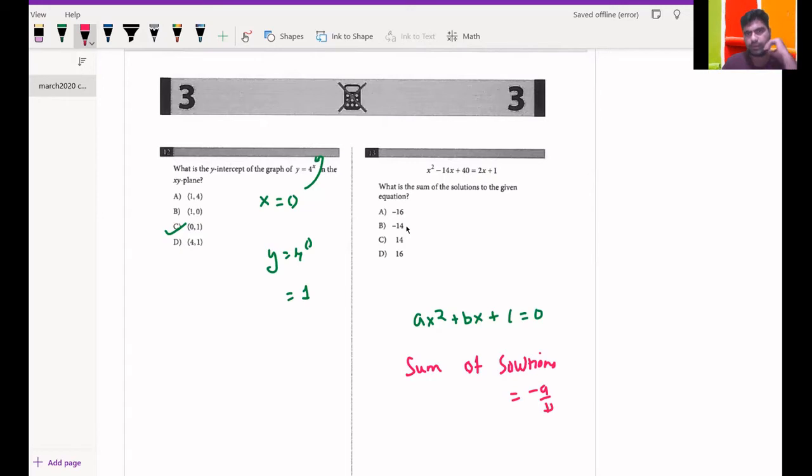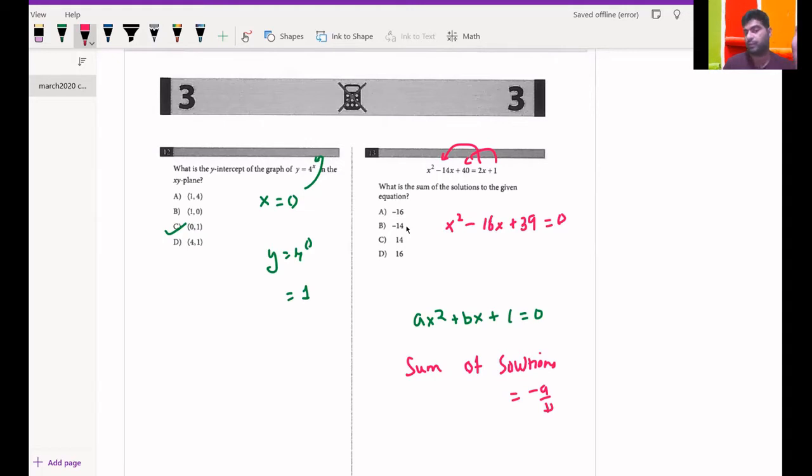So I can move 2x here and 1 here. So x squared minus 16x plus 39 equals 0. Negative 14x, negative 2x, negative 16x, plus 40 minus 1, 39. I want to find two numbers whose product is 39 and whose sum is -16.